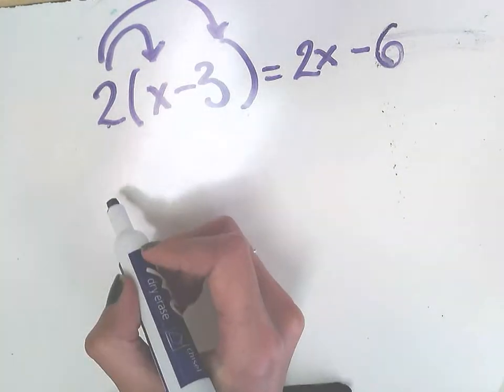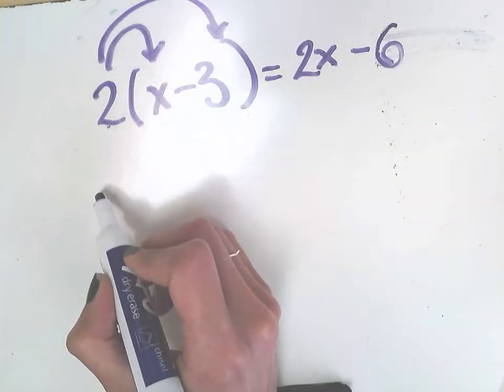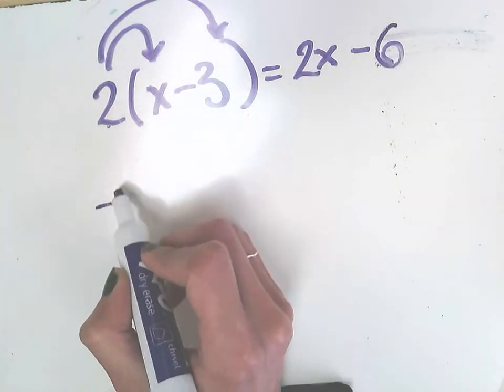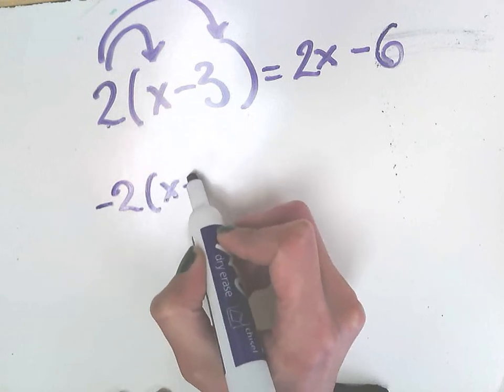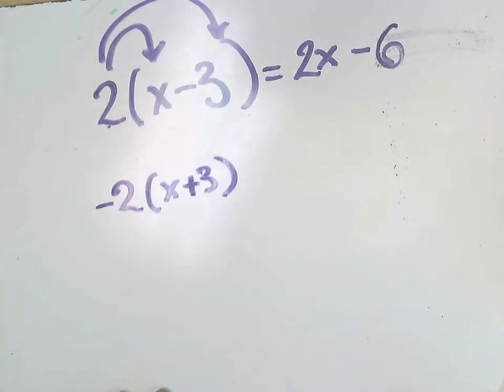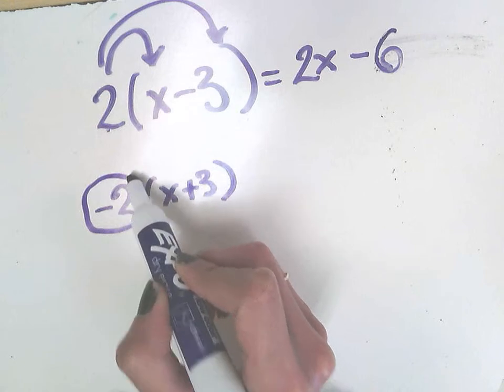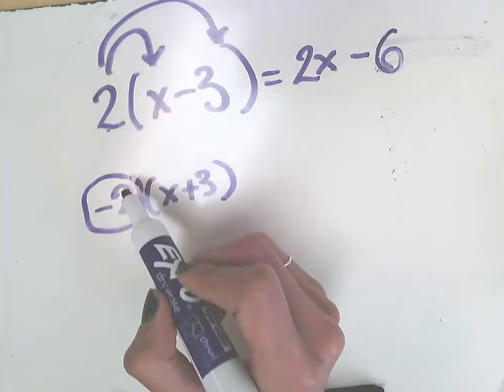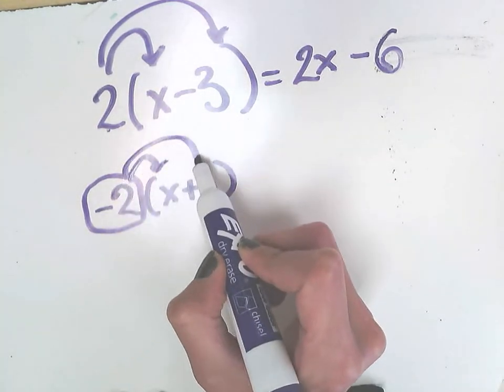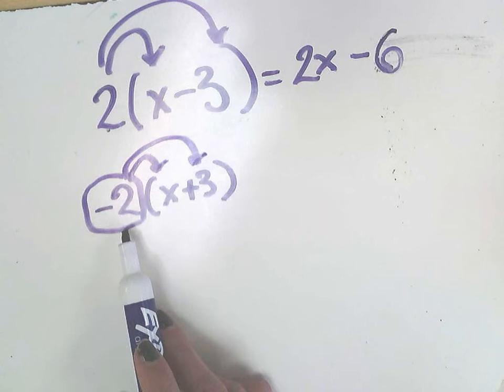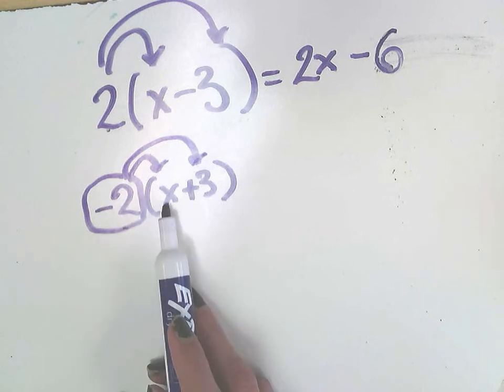What about if the thing on the outside had been negative? So for example, what if I did negative 2 times x plus 3? Now again, the thing that I'm distributing is negative 2, so I'm going to make sure that I don't lose track of that minus sign. I'm just going to do this times the first part.